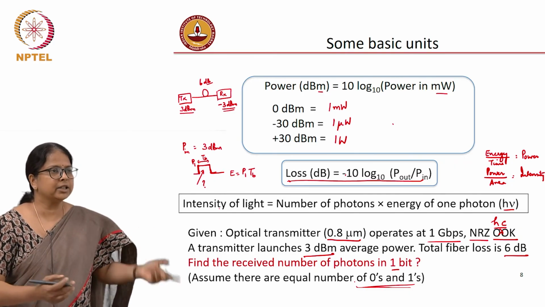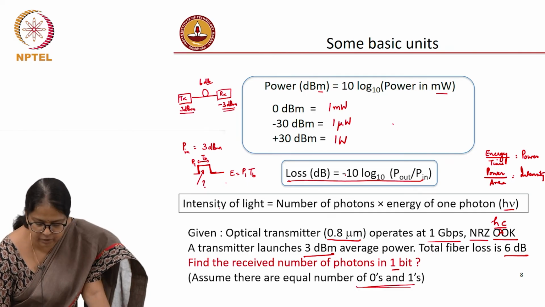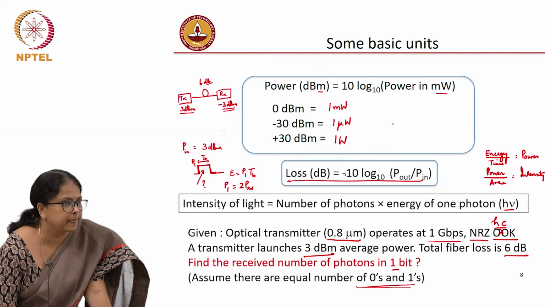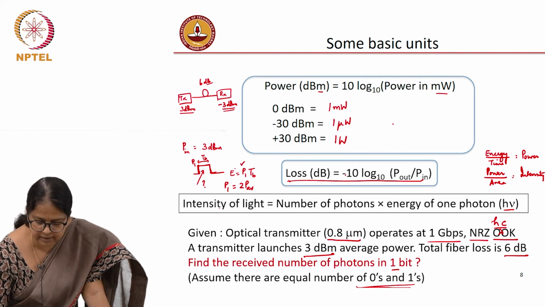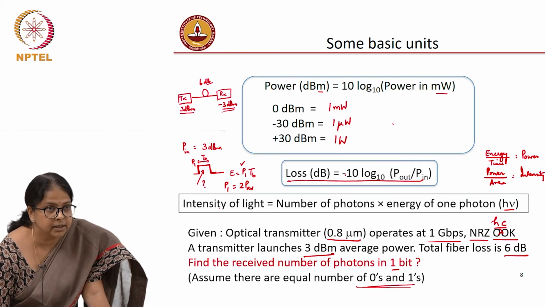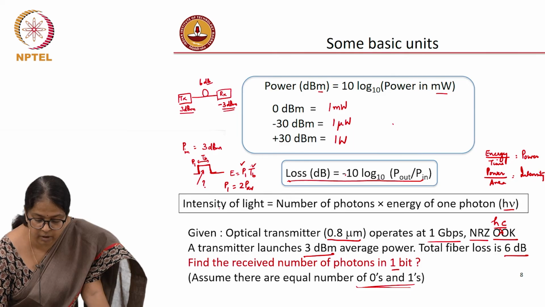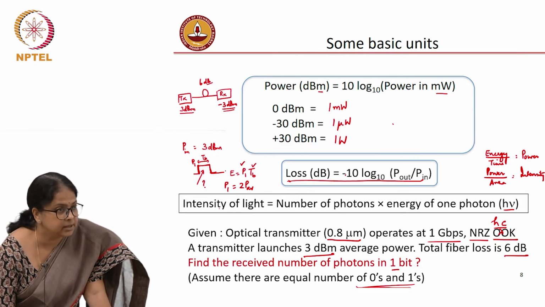So what would be the relation between average power and peak power? This P1 should be equal to twice P average. So you know what your P1 is, because you know the average power received here, and you know what the bit slot is, that gives you the energy.